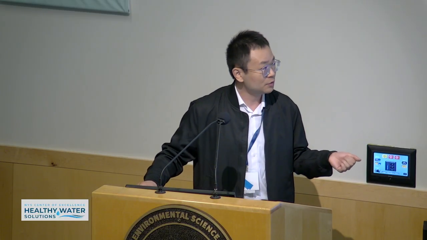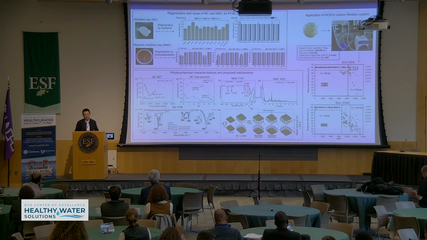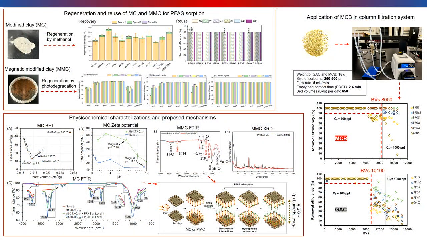We also evaluated the regeneration and reuse of MMC and MC by both chemical and photodegradation methods. After regeneration by chemical, which is methanol for MC, and UV photoreduction for MMC, both sorbents restored their high sorption performance in multiple cycles.